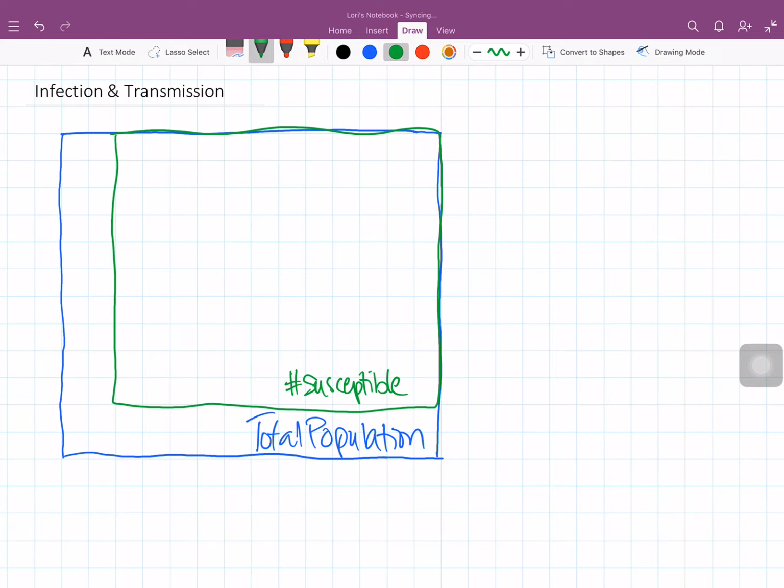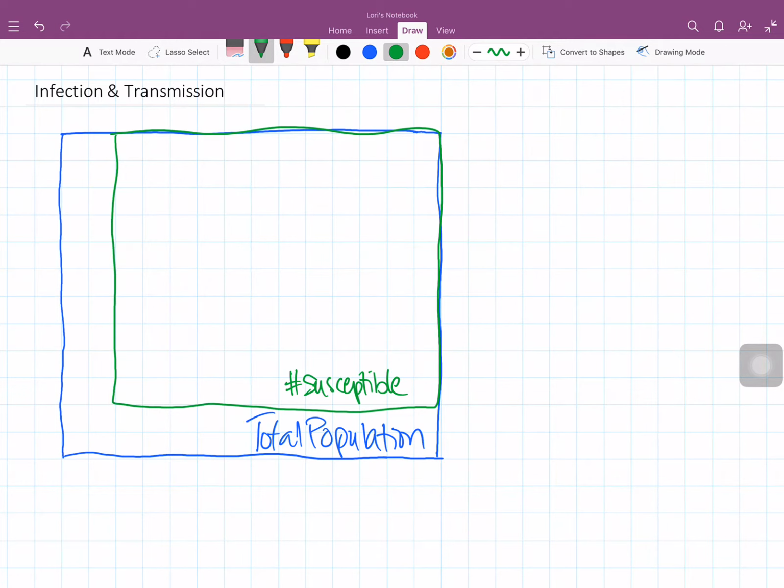So if we're thinking about, let's say this is the flu, the number susceptible are the people who do not have immunity to that particular flu that's going around, either natural immunity or because they had some kind of vaccine. So here's the number who could even possibly get that infection.